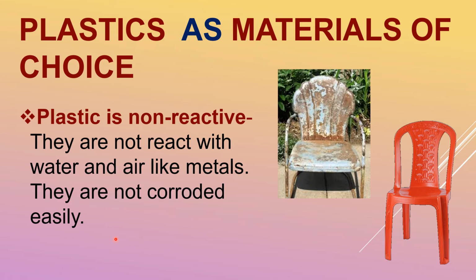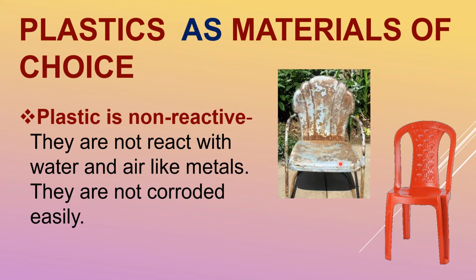Here you can see two pictures of chairs. One is made of metal and the other is plastic. The metal chair is an iron chair, and that iron gets rusted.